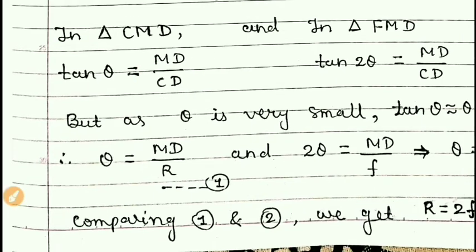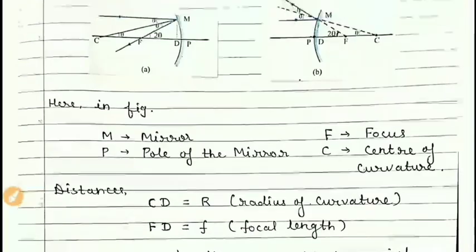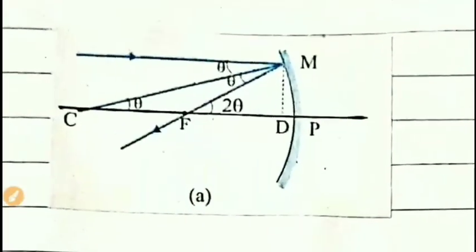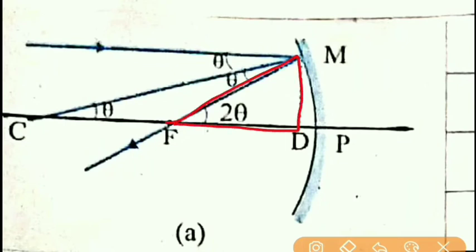Also in triangle FMD, this triangle, with respect to this angle, this MD is opposite and FD is adjacent.